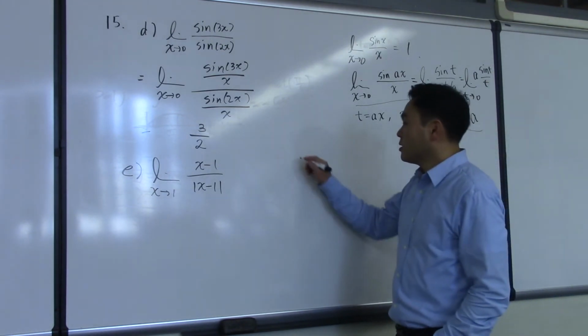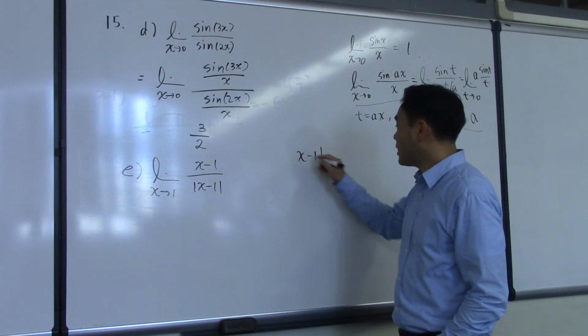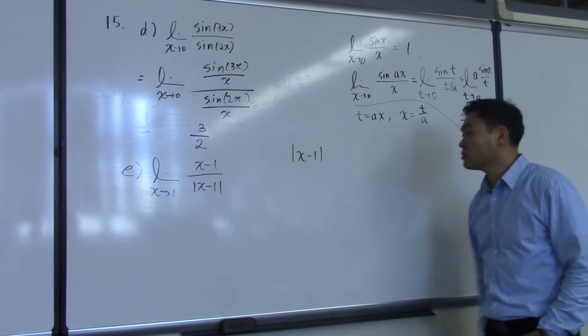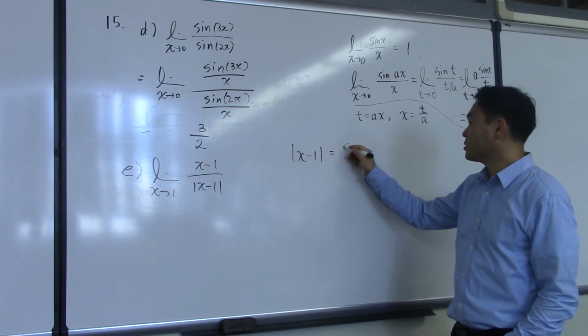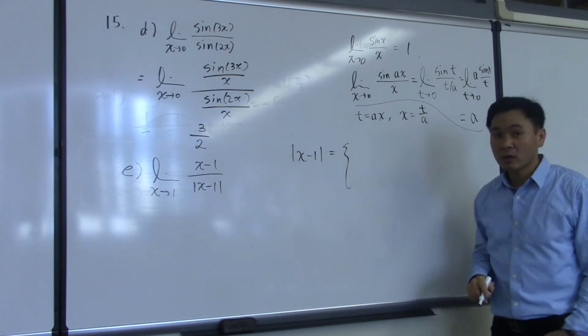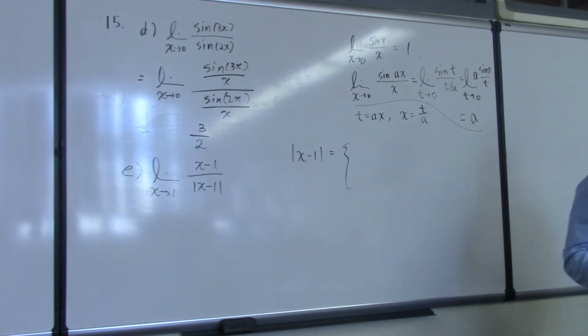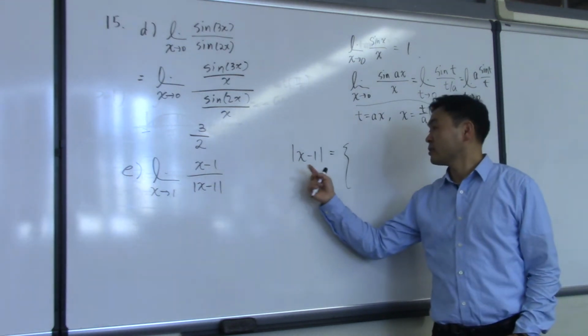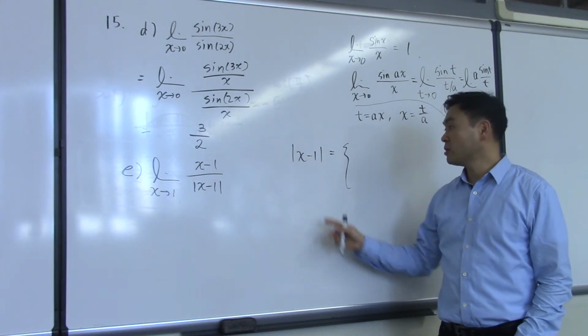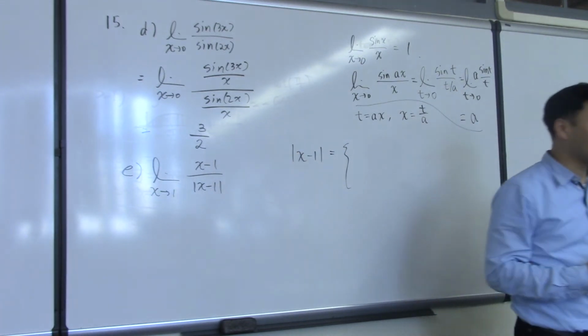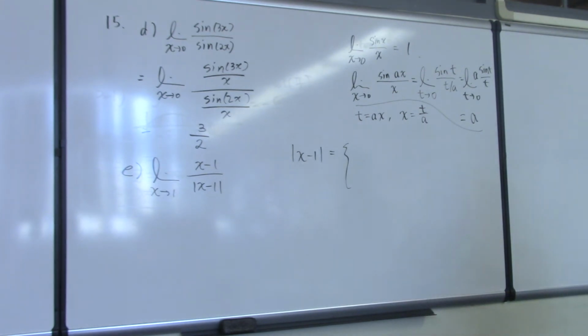This has to do with being able to write down the absolute value of x minus 1 as a piecewise function. So, in order to evaluate this absolute value of x minus 1, the question is whether x is bigger than 1 or less than 1, right?